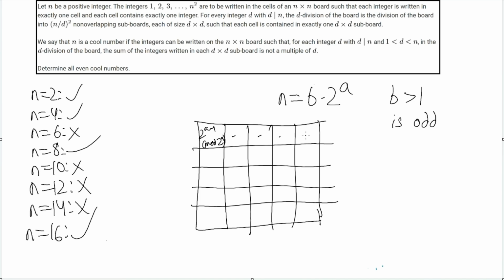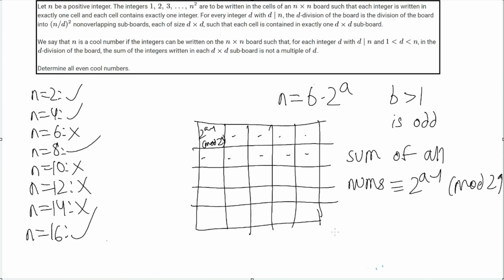So therefore, each of these guys is 2 to the a minus 1 mod 2 to the a. And similarly for all of these guys. And then since we have b squared is odd, that means that the sum of the numbers on this grid is equivalent to 2 to the a minus 1 times an odd number, which is just this mod 2 to the a.